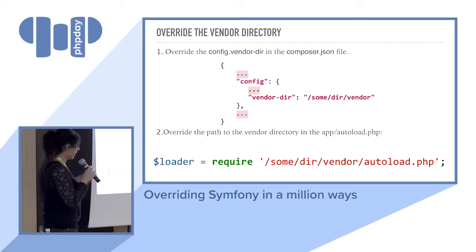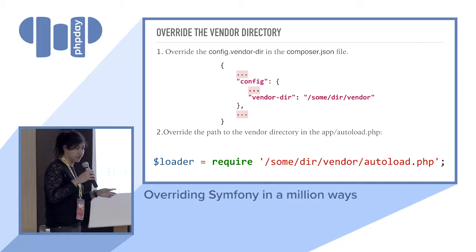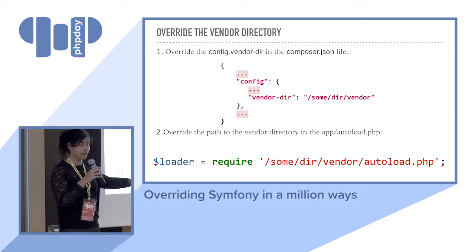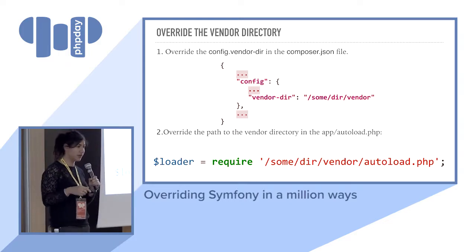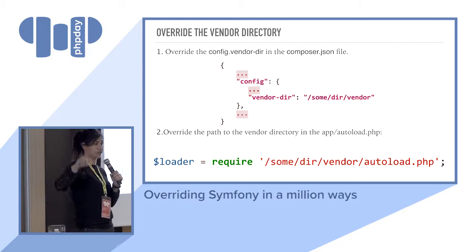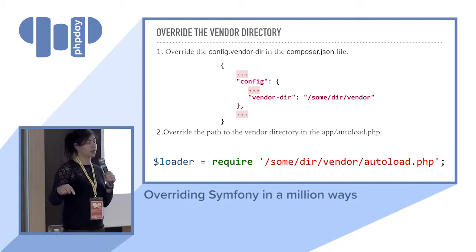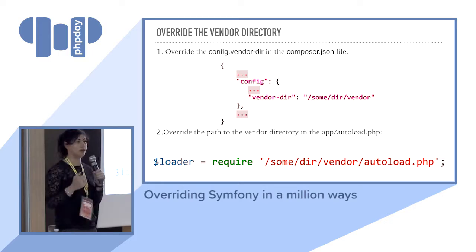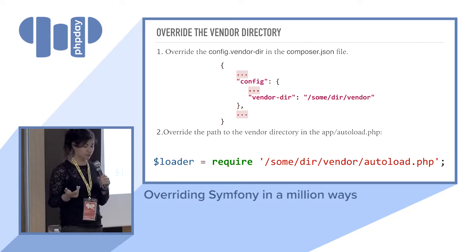Of course, you will have to do something in your autoload.php file. Maybe you don't know this file. It's really important. It's in the app directory. And basically, this file imports the autoload.php file, which sits in the vendor directory. So you will also have to change the path to this file. Okay.